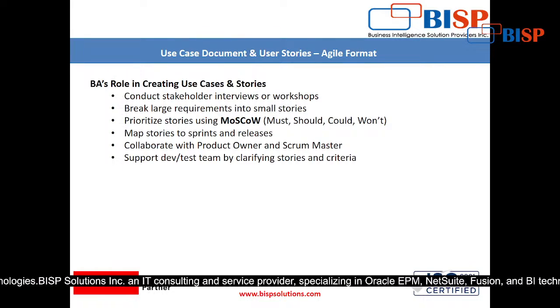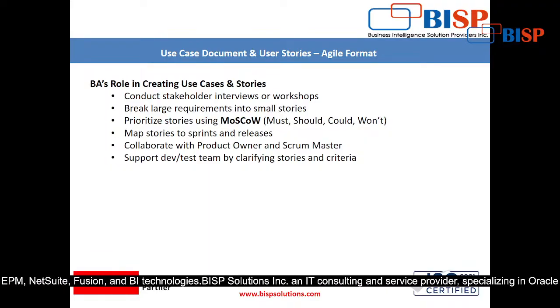Who will convert that requisition to a purchase order, and how will this purchase order be created? Is there any validation to be done during the creation of the purchase order? Is there any automation to be done, or is any approval routing required? All these things will be taken care of. That is why it is called breaking large requirements into small stories.